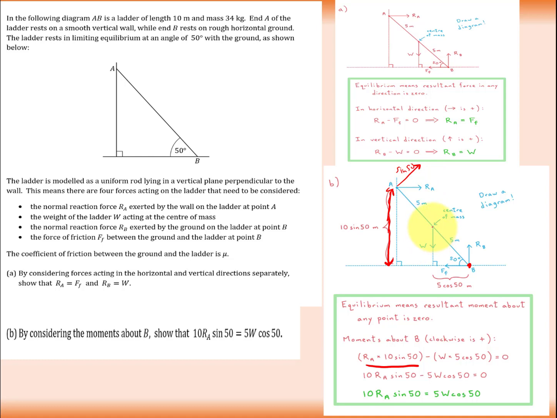Now, it's perpendicular, remember, so we have to work that out. We know that angle is going to be the same, 50, and then we know that's W cos 50.